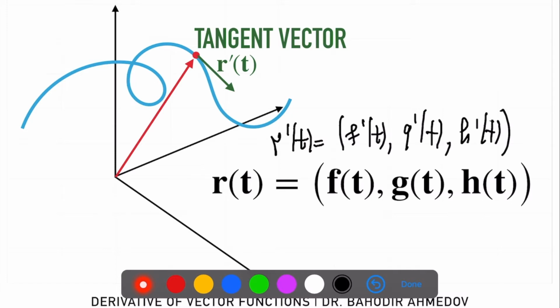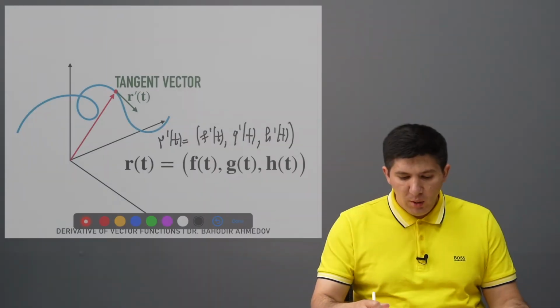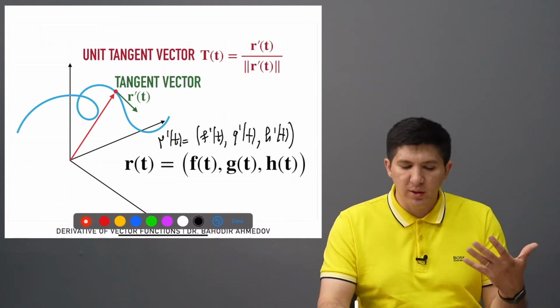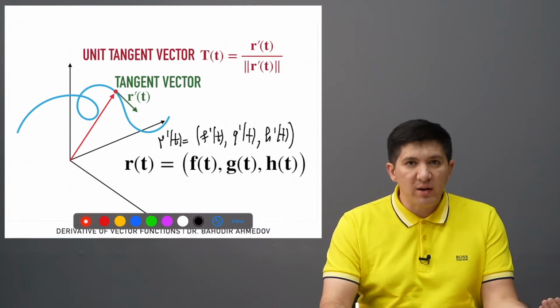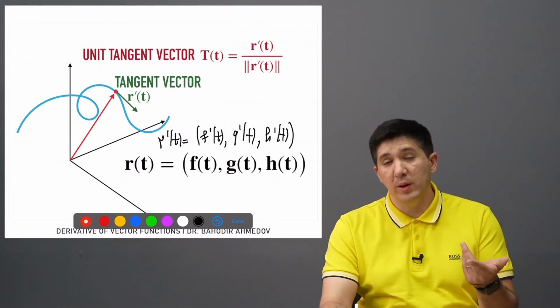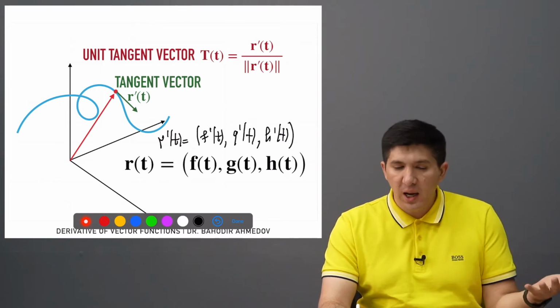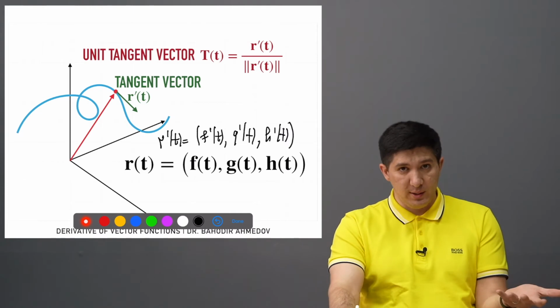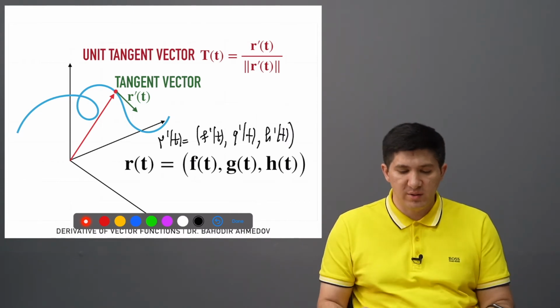So that's called a tangent vector, a vector parallel to the tangent line to this curve at this point. It is very important for us to define something called a unit tangent vector. It's a vector in the same direction as a tangent vector, but its length is equal to 1. We obtain this by dividing the tangent vector by its length, so that we have the unit tangent vector.